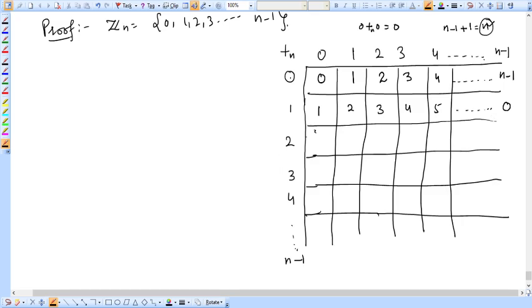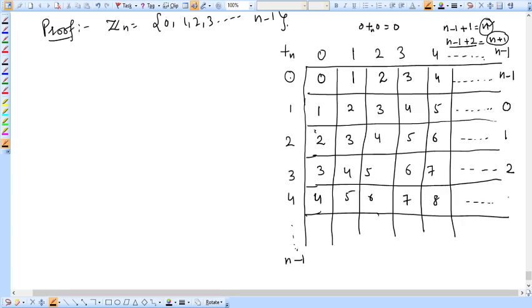So you see here also it would be 2, 3, 4 and 5, 6 and so on. Now n minus 2 plus 2 is equal to n plus 1. When n plus 1 is divided by n, 1 is the remainder here. Similarly it would be 3, 4, 5, 6, 7 and so on, it would be 2, and this would be 4, 5, 6, 7, 8 and so on, it would be 3.